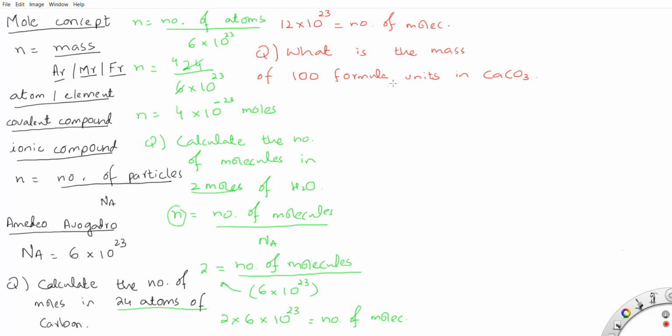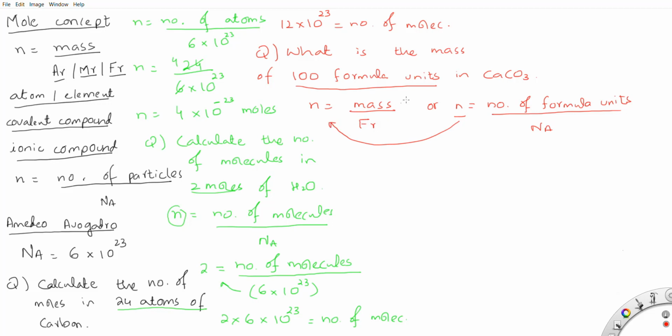This is a bit tricky, but if you know these formulas, n is equal to mass upon relative formula mass, or n is equal to number of ions or formula units upon Avogadro's number, it can be easily worked out. I know these 100 formula units are given. Then I can calculate moles, and then multiplying moles by the relative formula mass, I can work out mass. So let's do it.